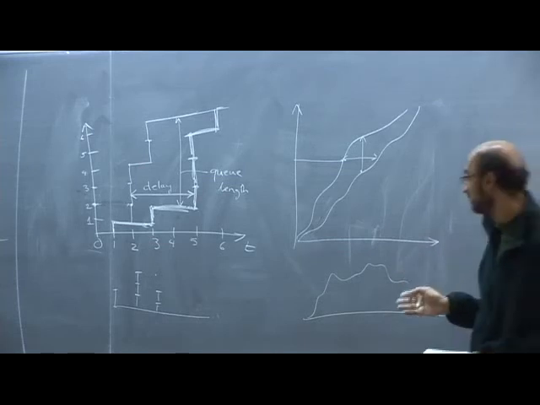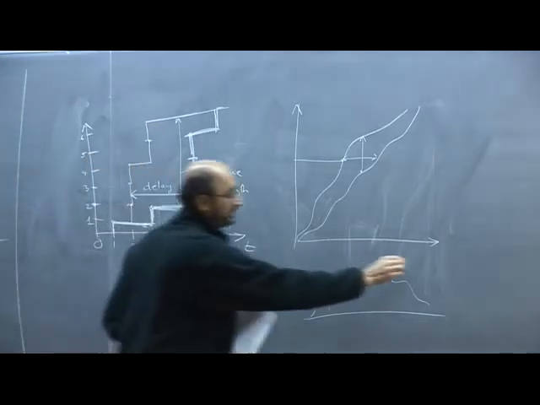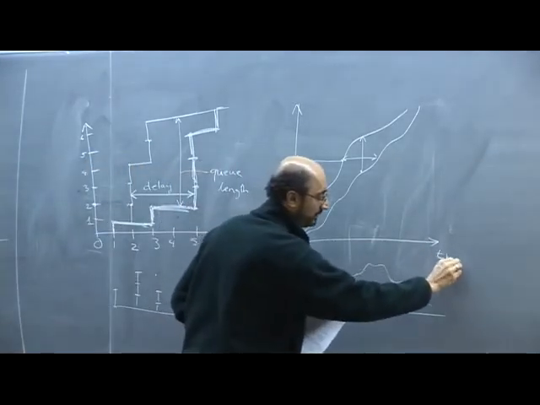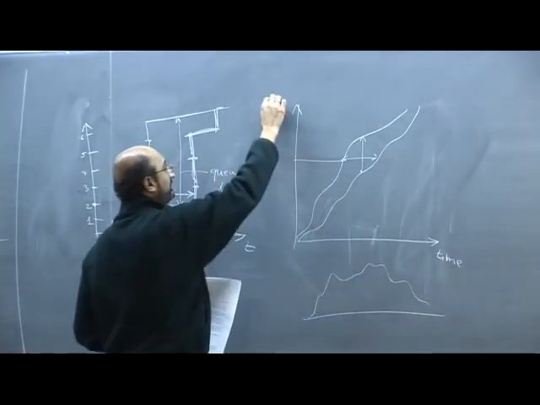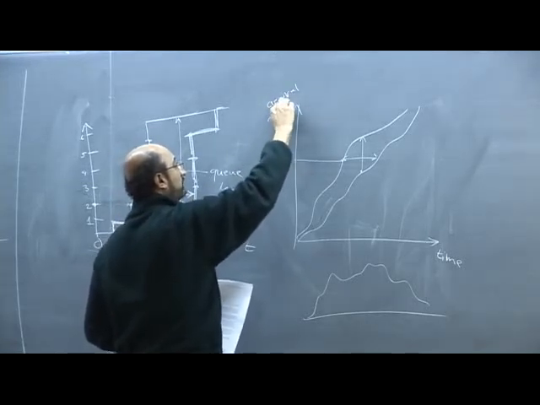Okay, so just to sum up then, we have over here on the x-axis we have time, and on the y-axis we have basically arrival and we have service, both.